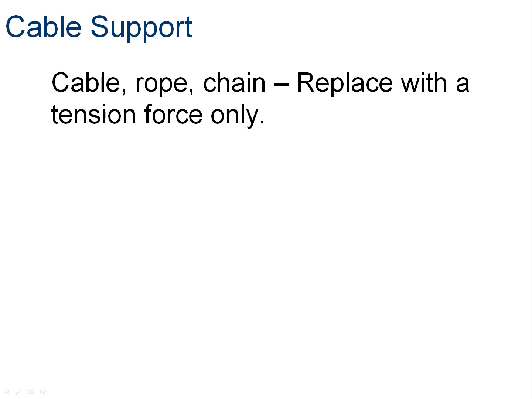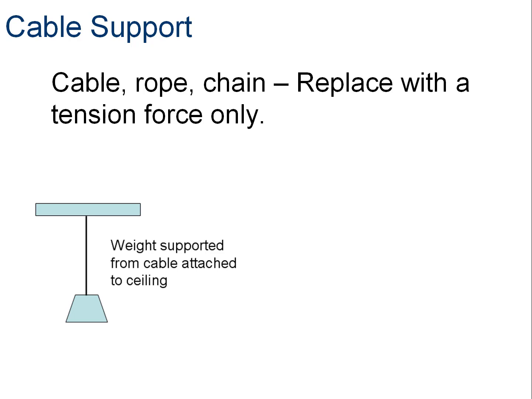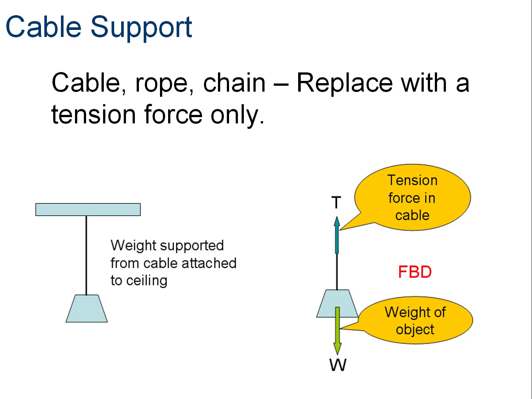So let's look a little closer at the cable support. So a cable, rope, and a chain can only be in tension. You can't push a rope. So if I was to draw this weight being supported by a cable from the ceiling, my free body diagram of the weight would show the tension force in the cable and the object weight pulling down. That's a cable support.